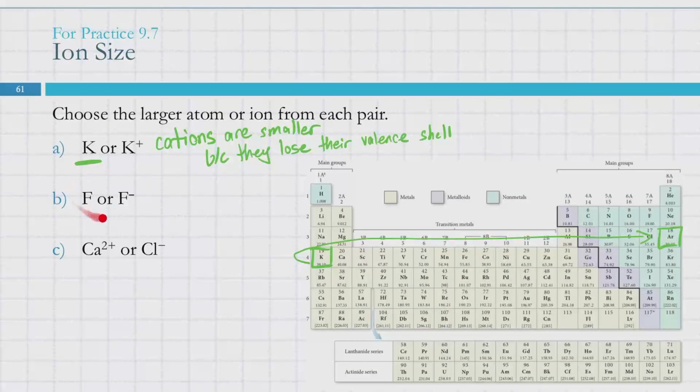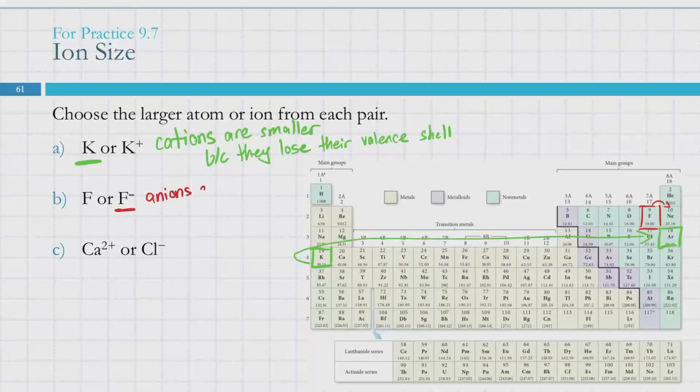On the other hand, we've got fluorine and the fluoride ion, which is going to be larger. Yeah, the fluoride ion is going to be larger. It's got 1 extra electron, and so it basically has the neon configuration, but with only 9 protons.